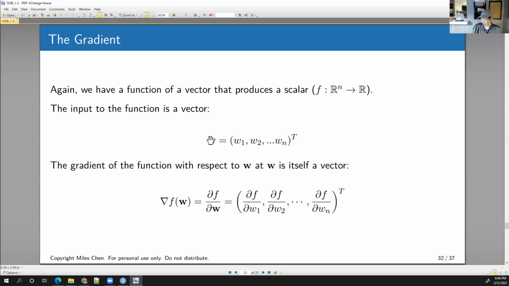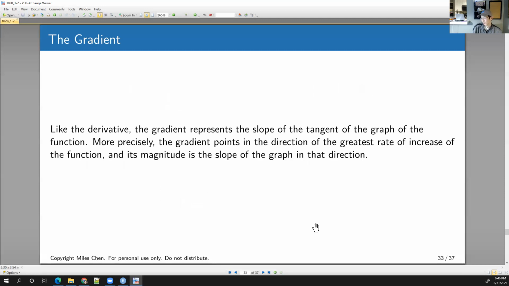W is technically a column vector, but I'm representing it as a row for simple illustration here. So if W is some vector of length n, the gradient will also be a vector of length n. They're going to have the same dimensions.